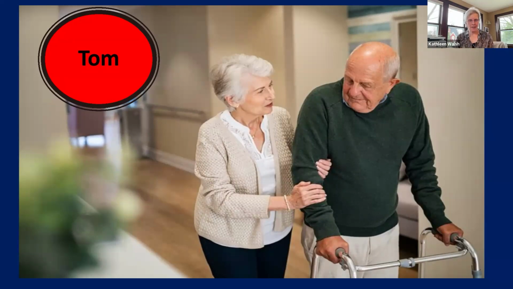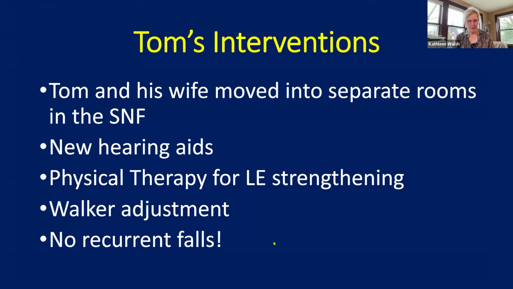And so what they decided to do, let's get to the next slide, please, was separate them, put them into separate rooms. Tom stopped falling. He got new hearing aids, physical therapy, walker adjustment, and no other falls. It was all due to their social history together, 60 years helping each other out. And the staff said, we're going to separate them. And it worked like a charm. So I love that one. Next one, please.